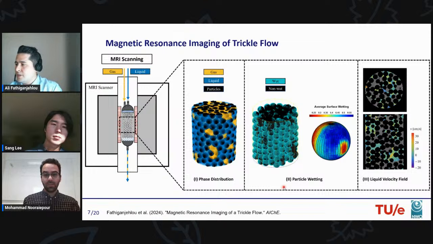We were also able to calculate the local particle wetting, and to measure the local liquid velocity field. If you want more information about this work, I would ask you to refer to our recently published paper.